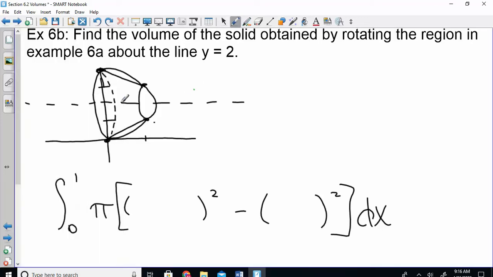Okay, the outside. It's coming from here and going all the way out. So the outside is actually taking me to the parabola this time, right? But we need an equation for that. We can't just say x squared, because x squared would put it here. I need to measure this radius.